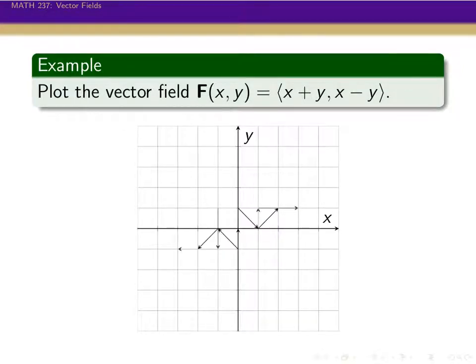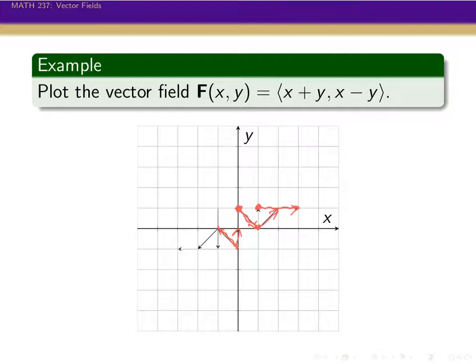Right here you can see the vectors that we did before. The point 1, 1 gave me 2, 0, the point 1, 0 gave me 1, 1, the point 0, 1 gave me 1, minus 1, and then it also did some additional vectors up here.